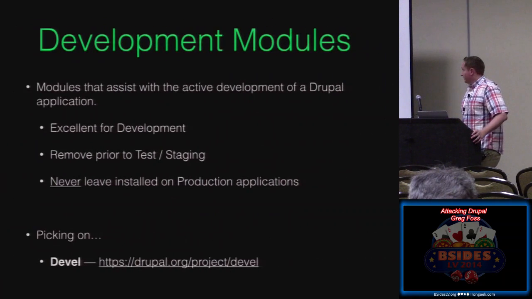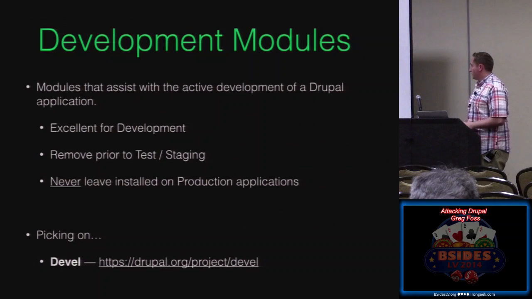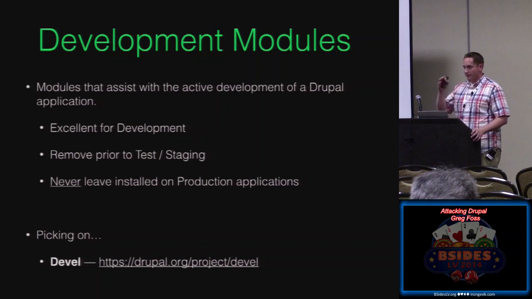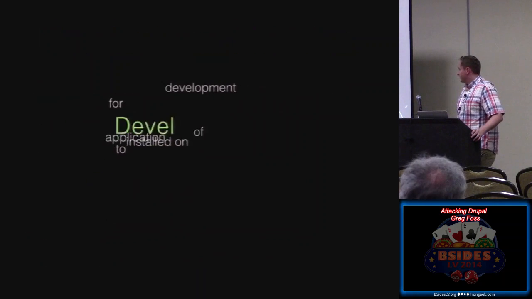The next thing I want to talk about is development modules, and more specifically, developers leaving these modules enabled in production, and how we can leverage them to attack the application. These should always be removed prior to the site being promoted from dev to test to production. The module we're picking on is Devel.